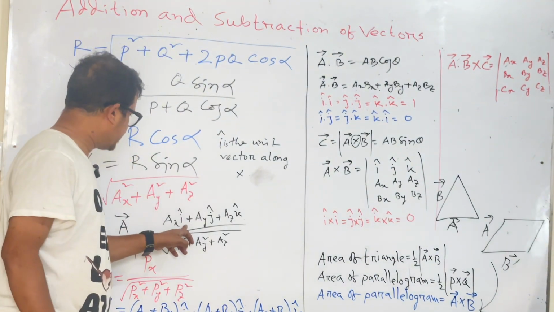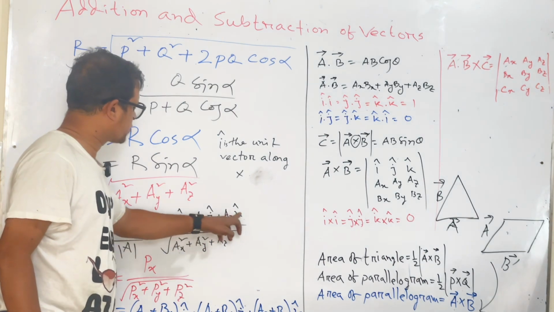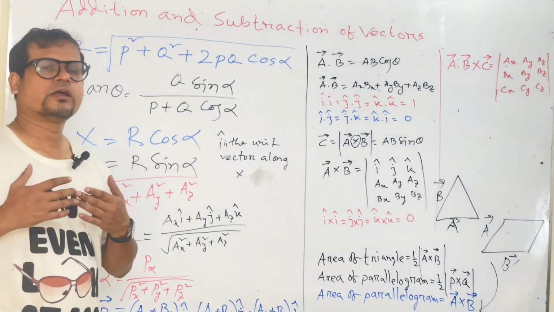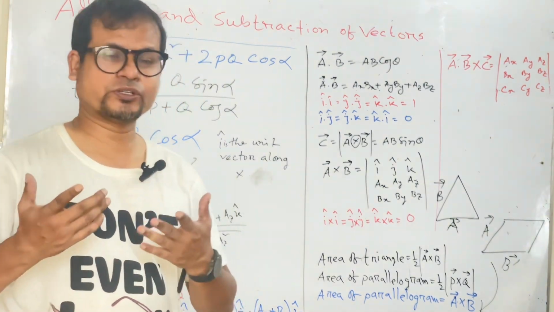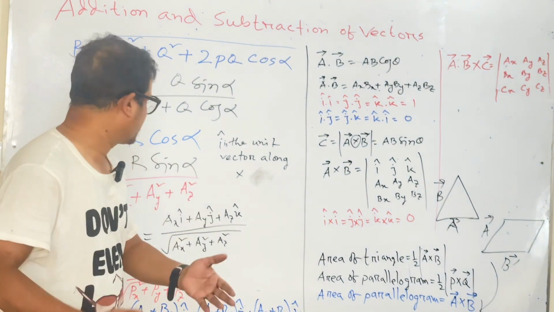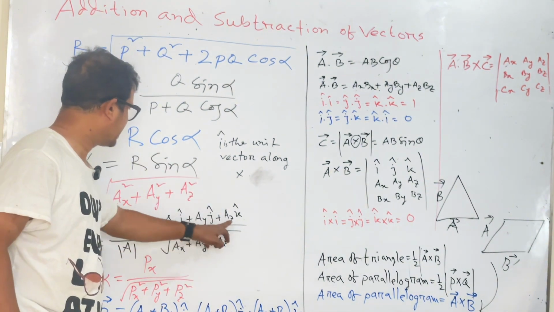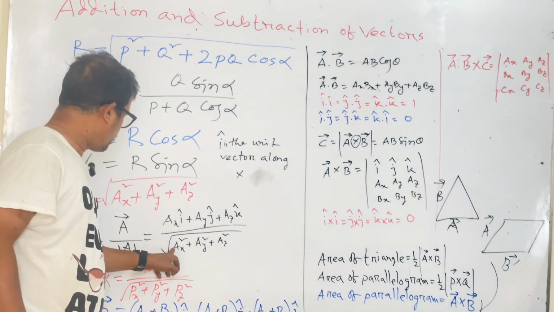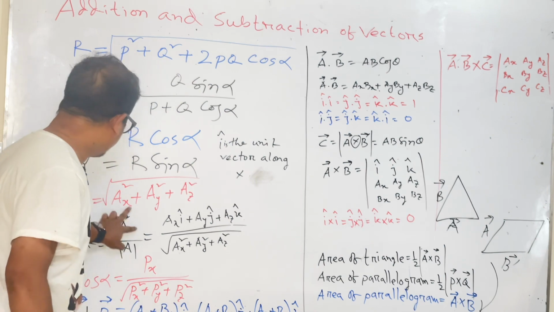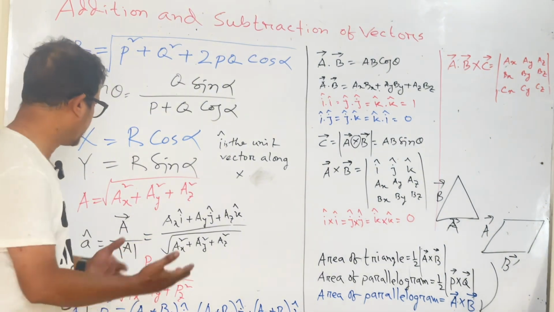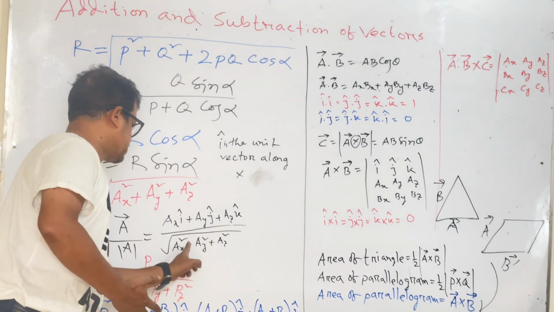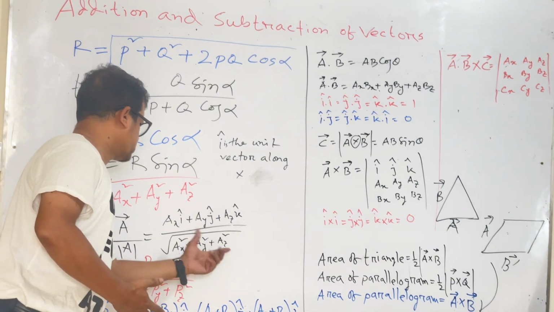Try to remember: i unit vector is along the x-axis, j unit vector along the y-axis and k unit vector along the z-axis. And these are the magnitudes ax, ay, az. Just now I said root of ax square plus ay square plus az square is the magnitude of vector a. This is the actual equation.